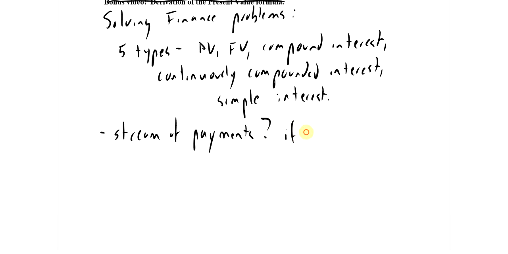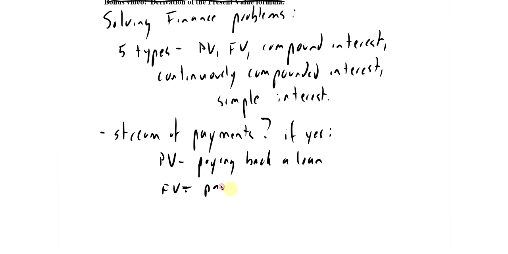If yes, well, if there's a stream of payments, it's either a present value problem, which is usually paying back a loan or drawing down an account, something like that, or it's a future value problem, which is saving for something.